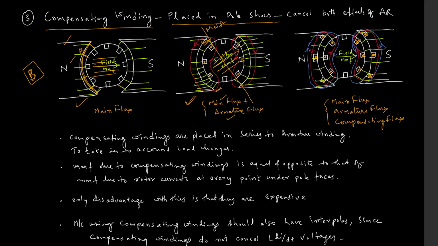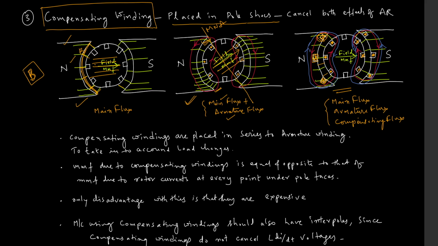Now this is the combined effect of main flux as well as armature flux. Coming to the third figure, the compensating windings are placed at the pole faces. Here we have slots at the pole faces, and these slots will accommodate windings, and the current flowing through these windings will be opposite to that of the current flowing in the coils under this pole.